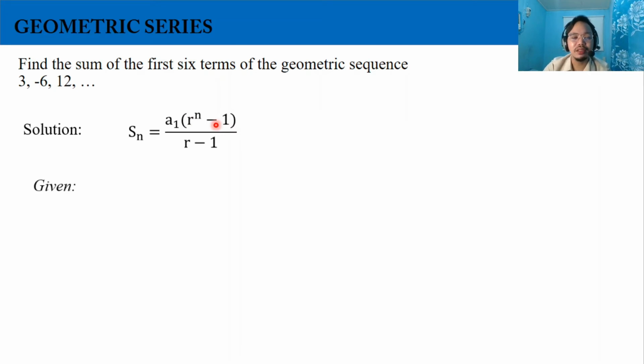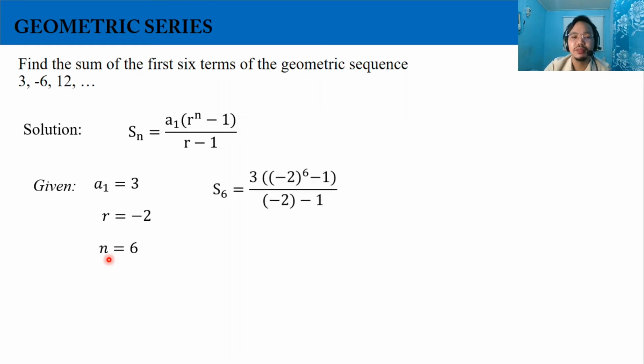For the given, the first term is 3. Then our common ratio is negative 2 because negative 6 divided by 3 is negative 2. 12 divided by negative 6 is also negative 2. Then the number of terms is 6, or n is equal to 6, because we're finding the sum of the 6 terms. Then S sub 6 is unknown.